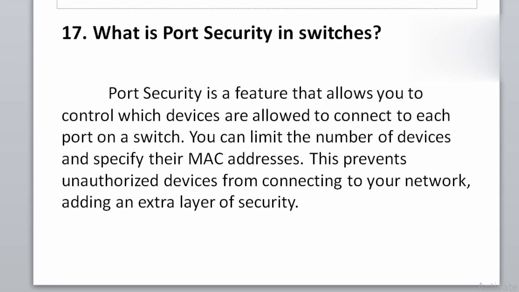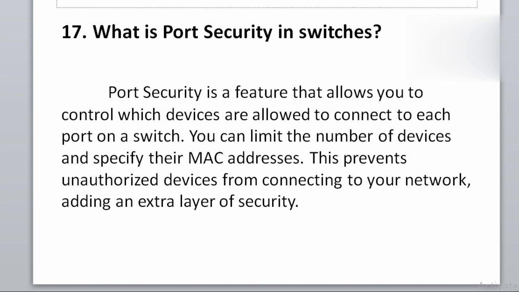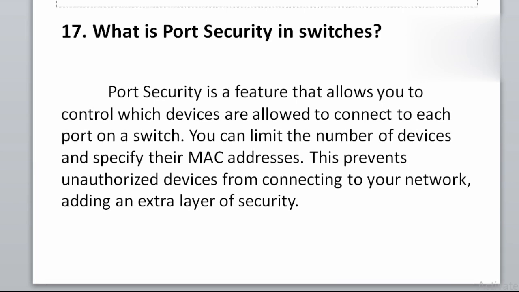After that, if someone tries to access that port, or removes that cable and joins another cable to that port, in that case that port goes shut down or it gives an alarm. That is what happens in port security.